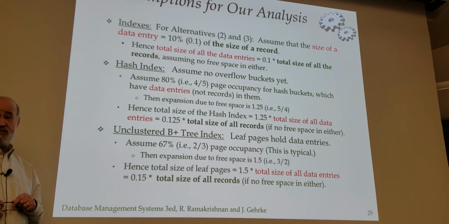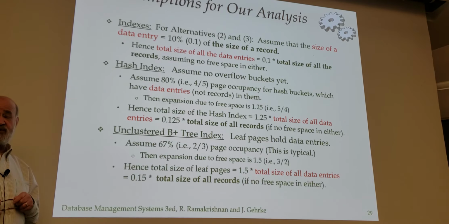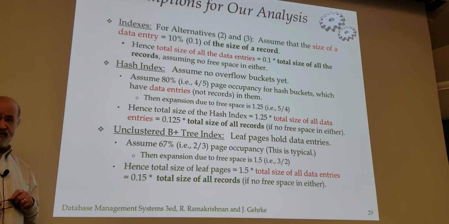And so it's going to be 1.5 times the number of pages. Remember, the data is actually stored inside the index. So if I jammed all the records together, the total size would be the total size of all the records. But the number of blocks has to be increased by 1.5. It's 1.5 times the number of blocks.